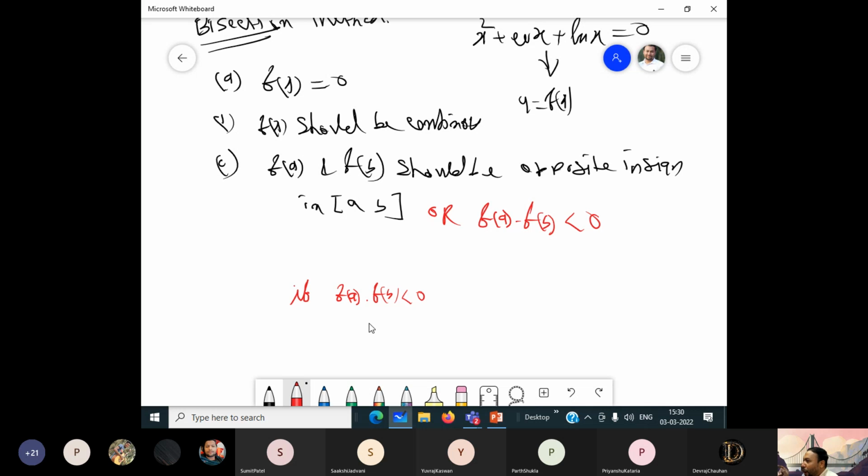Same thing in the ODE. Whatever you have done, Euler's method, modified Euler's, whatever you do in the theory class, that language is human language; the machine cannot understand. I have to write it in MATLAB differently, and this is called an algorithm, right? What is the algorithm for f of a and f of b being opposite in sign? The algorithm is f of a into f of b is less than 0.